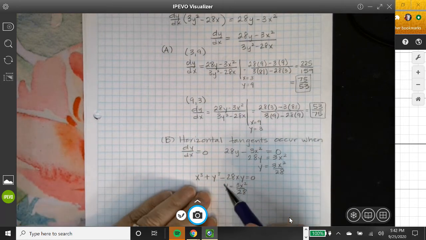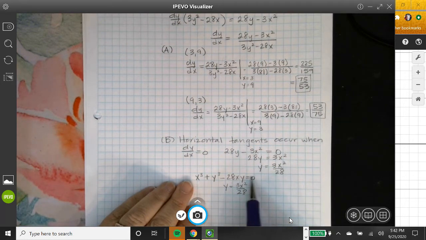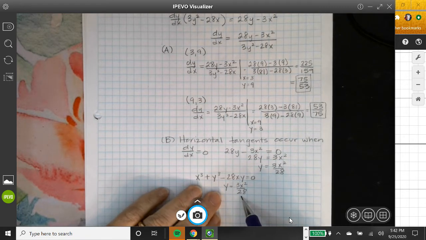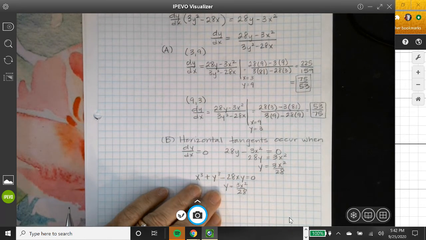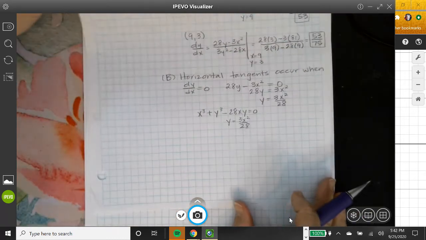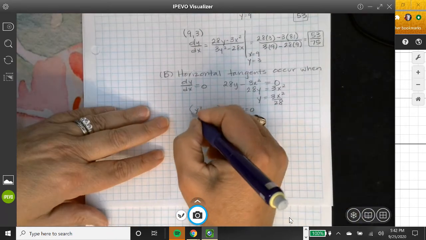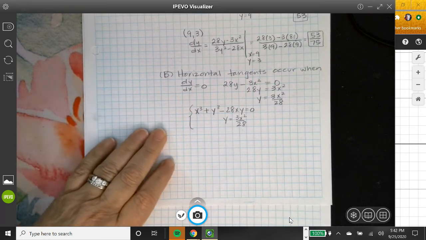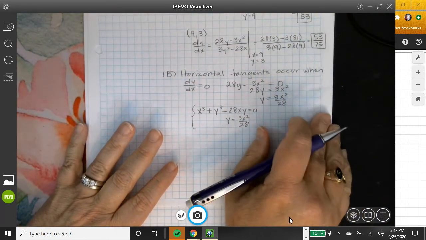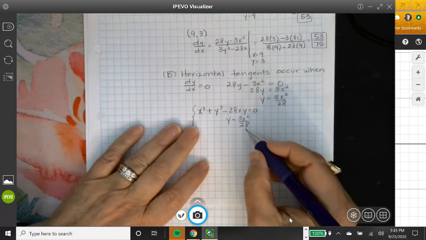Because first of all, the point x, y has to be on the curve here, and it has to also fulfill this part of the derivative being equal to 0. So these are the two conditions. Okay, so let's do it. This is a system now. And it's not a linear system, it's a weird system. So I'm going to substitute in for y.